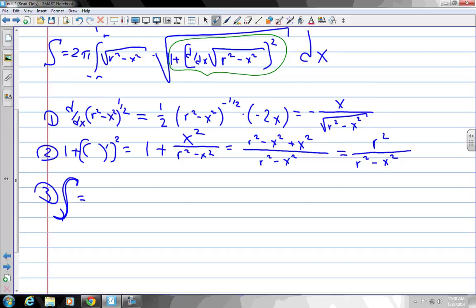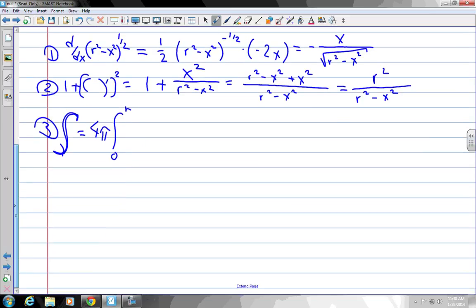So instead of going from negative r to r, let's go from 0 to r and double everything, so that becomes 4 pi. Is that okay? And then you have the square root of r squared over r squared minus x squared dx.